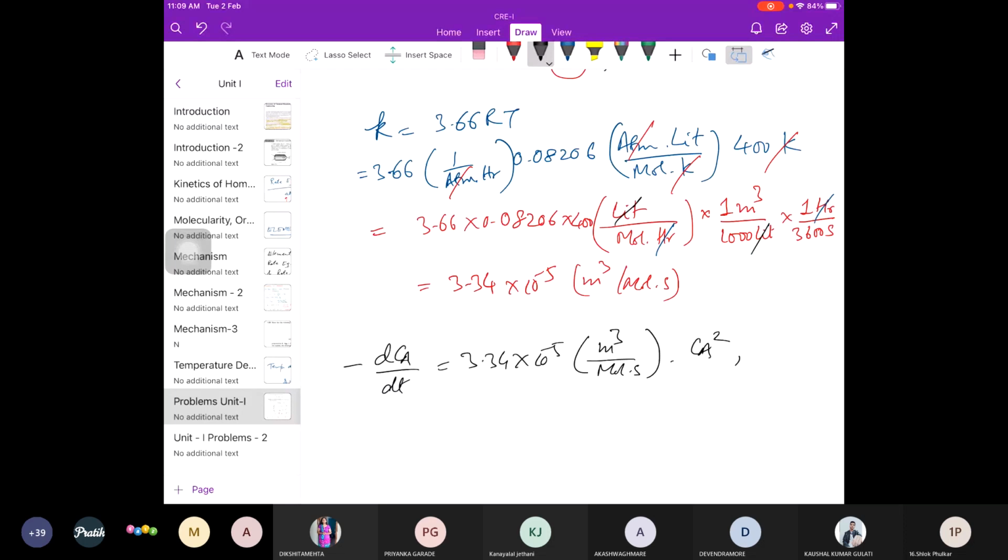The units will be, what are the units of the rate? Can you hear me? Yes, sir. What will be the units of dCA by dt? Sir, moles per meter cube per second.